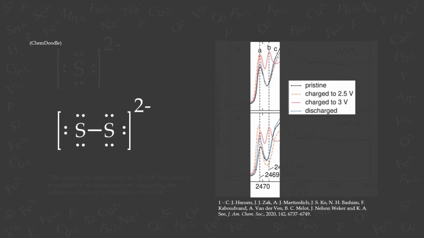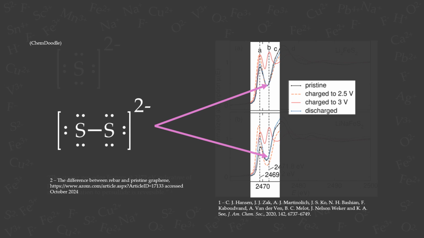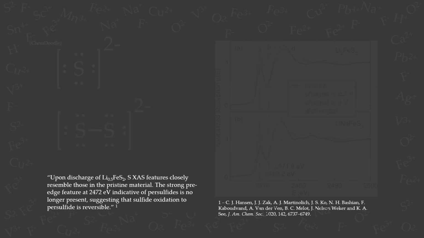Linking this back to the ionization, we stated that voltage affects the XANES spectra. Well, this is a perfect example. If we look at the pristine series, which relates to the species in its original form, there is no rising edge for persulfide. Quoted from the article: upon discharge of lithium iron sulfide, sulfur X-ray absorption spectra's features closely resemble those in pristine material.